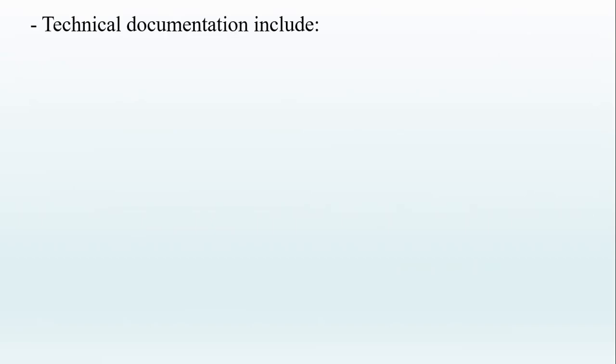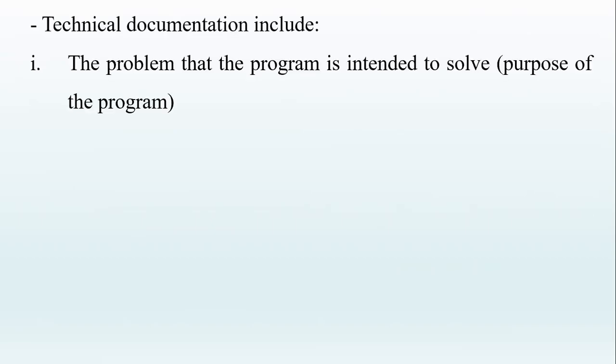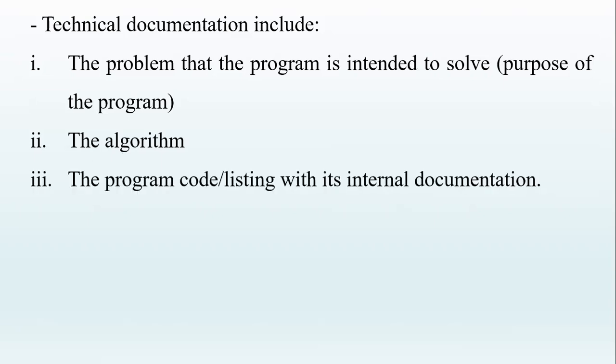So, technical documentation should include, number one, the problem that the program is intended to solve. That is the purpose of the program. Number 2, the algorithm. Number 3 is the program code or listing with its internal documentation.